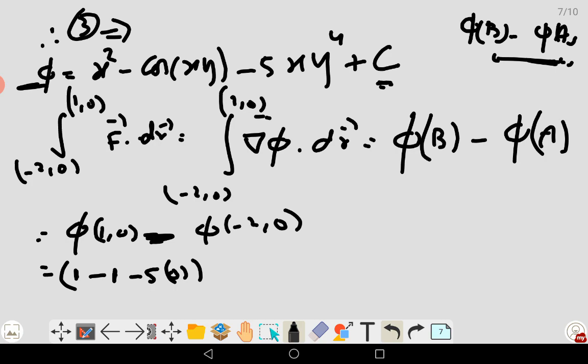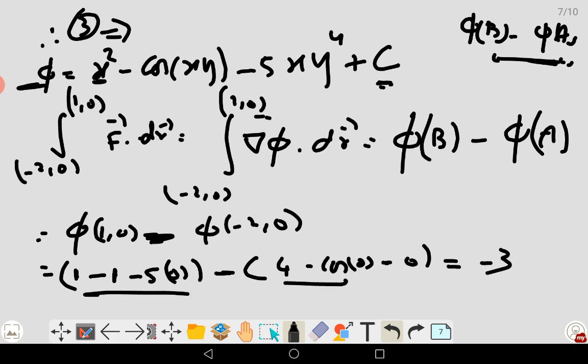This is the upper limit, this is 0, isn't it? Minus the lower limit. X is minus 2 gives this term is 4, minus cosine y is 0, cosine 0 is again 1, minus 0. So what you get? 4 minus 1 is 3. So minus 3 is the answer. This term will be entirely 0. Here 4 minus 1 is 3, minus 3 is the answer.